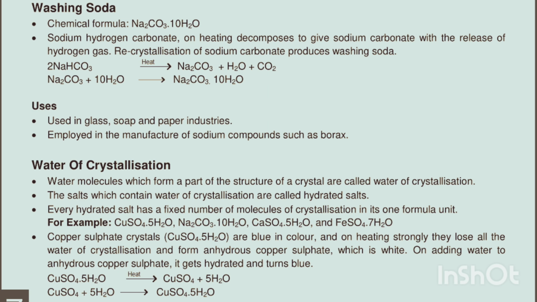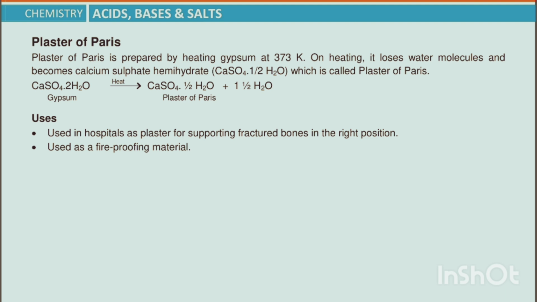The last part of the lesson is plaster of Paris, POP. Plaster of Paris is prepared by heating gypsum at 373 Kelvin. On heating, it loses water molecules and becomes calcium sulfate hemihydrate, CaSO4·½H2O, which is also called plaster of Paris. See, we have an equation here.